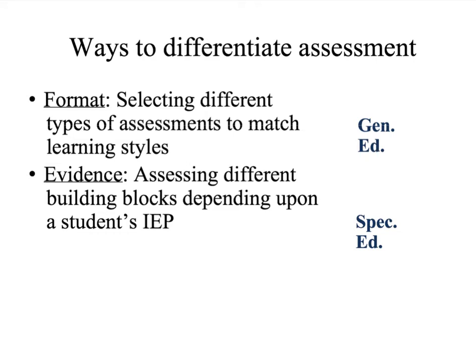Now, on the special education side for your IEP students, you have more flexibility. So in addition to differentiating the format, you can also differentiate the actual building blocks or the evidence that students are going to exhibit to show understanding of a particular standard. So a little bit more flexibility there.